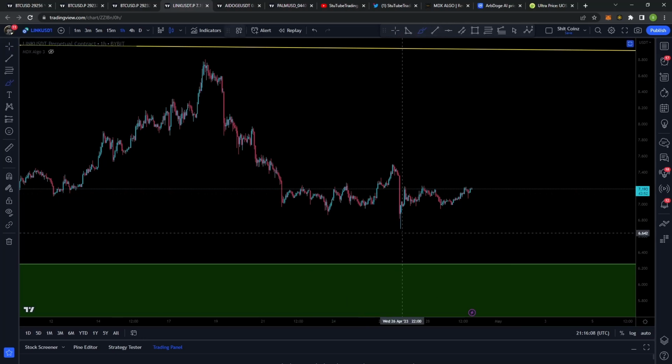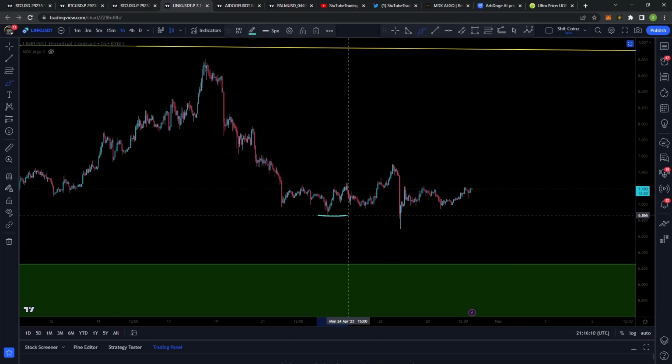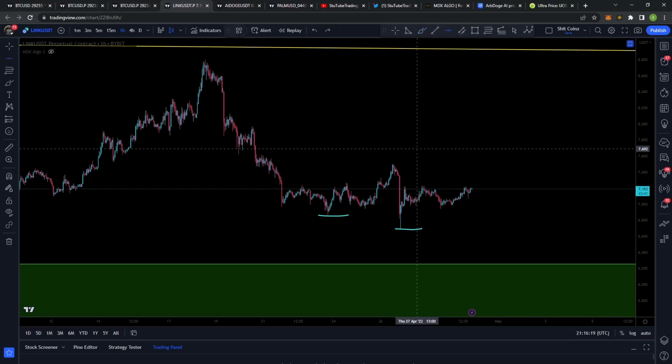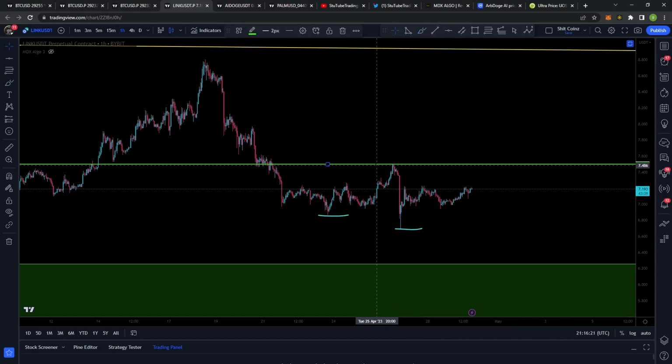Basically, as it stands, this is the hourly chart. Since we have a low here and a lower low here, this would be our lower high currently. That's the level I would like to see broken to consider this possibly in a little bit of a midterm uptrend.